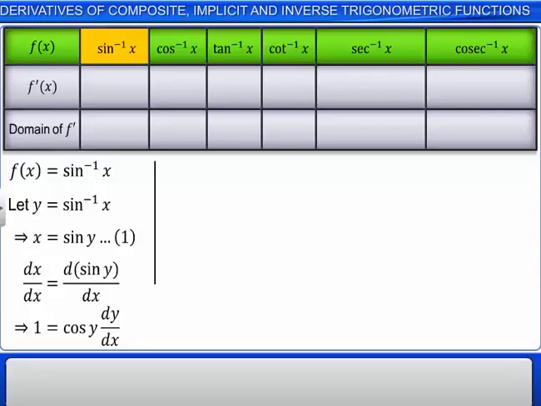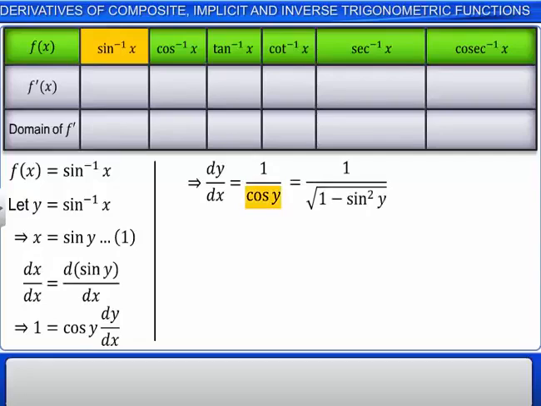This implies that dy by dx is equal to 1 divided by cos y. Let's write cos y is equal to the square root of 1 minus sine squared y. On replacing sine y with x, we get 1 divided by the square root of 1 minus x squared.